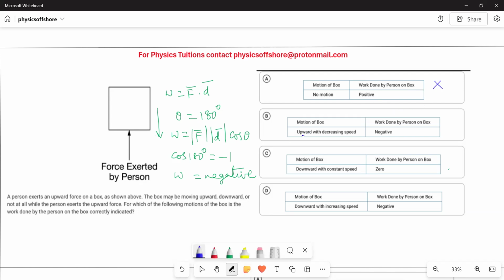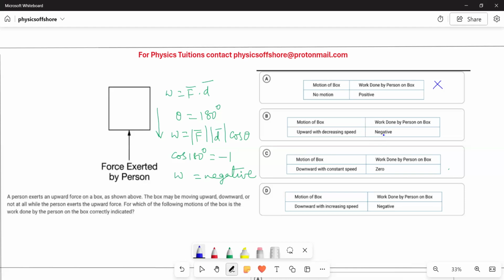Next option. Motion of the box is upward with a decreasing speed, and the work done by the person on the box is negative. This is also wrong, because when the force exerted by the person is upwards and the box is moving upward, the work done is positive. But he is saying that the work done by the person, not by gravity, is negative.